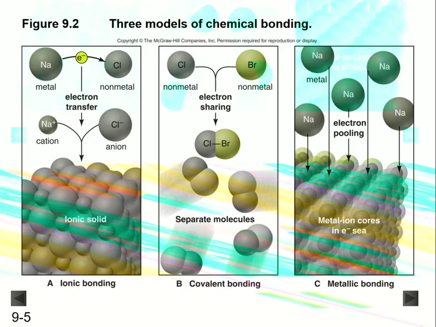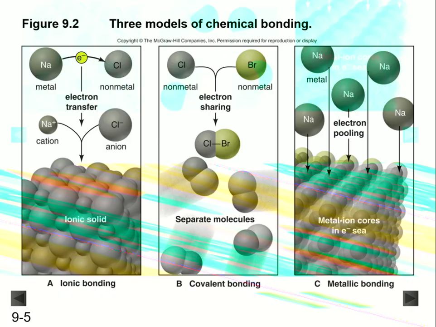Here's a graphical representation of these three processes. In the left-hand box, we see sodium as a metal reacts with chlorine as a nonmetal. The electron on the outer shell of sodium is transferred to the chlorine to form chloride, and the smaller sodium cation then binds with the chloride anion.